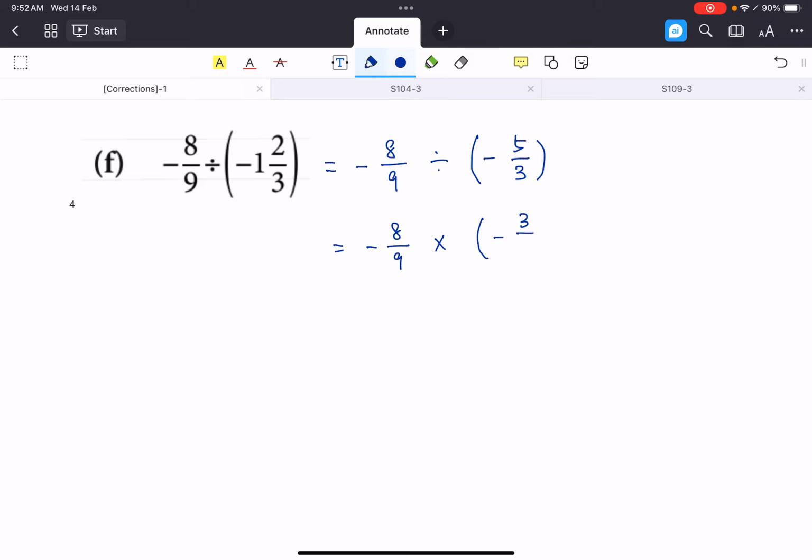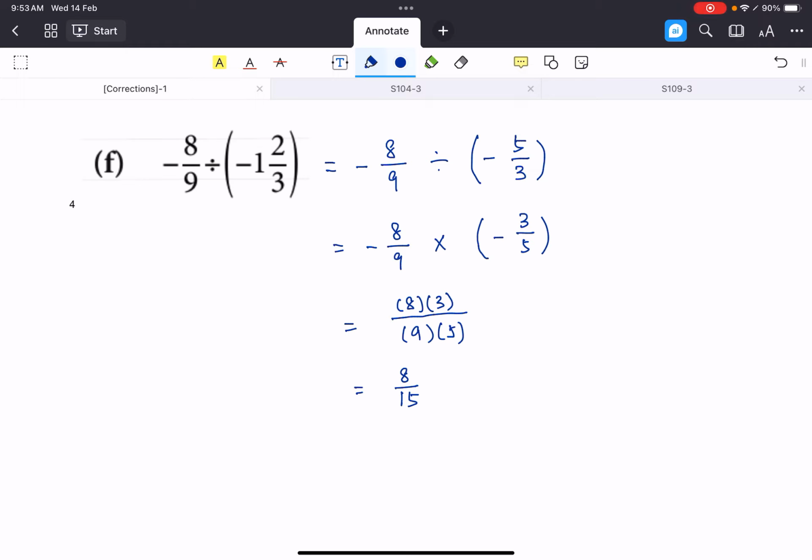So we can do just that, and then continue to simplify. We have a negative number multiplied with another negative number that gives us a positive number. So we have 8 times 3 in the numerator, 9 times 5 in the denominator, and that will give us 8 over 15.